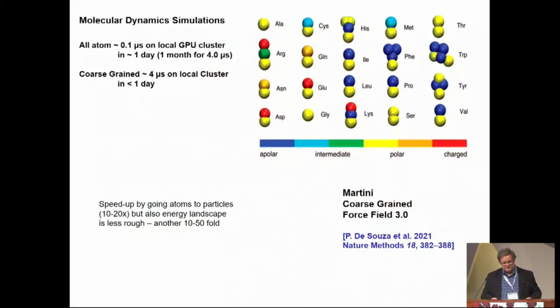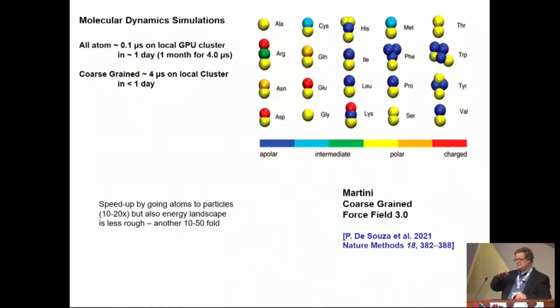We turned to coarse-grained simulations a number of years ago, purely because of the amount of computing time one could save. So rather than representing each atom with a point in the whole atom molecular dynamics simulations, we've grouped atoms together here in the side chain of amino acids and represent them by particles, give them particular properties, and that's a big saving in computing time.